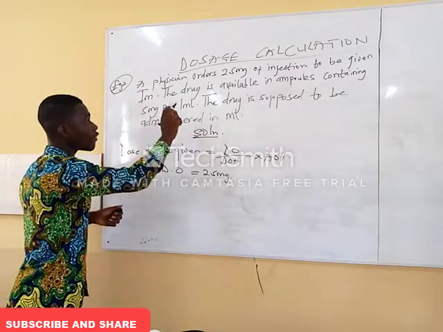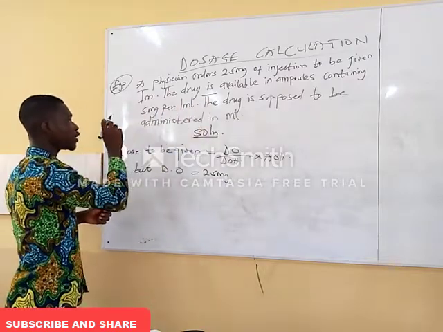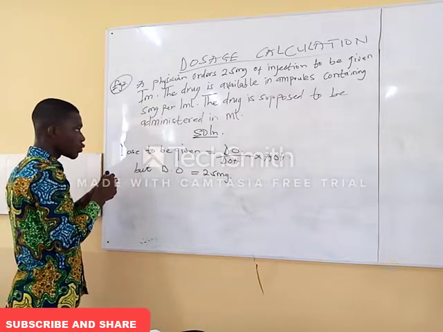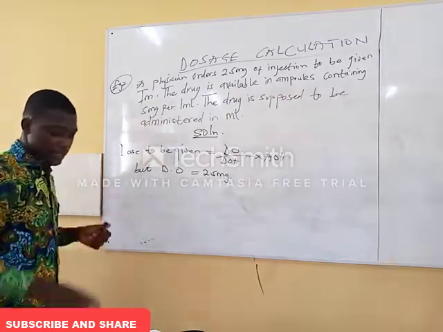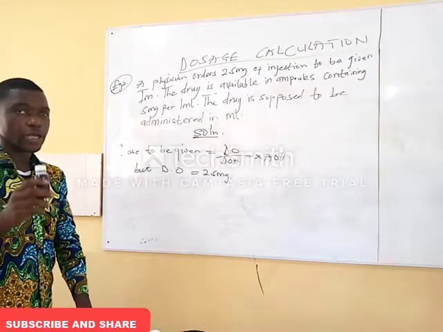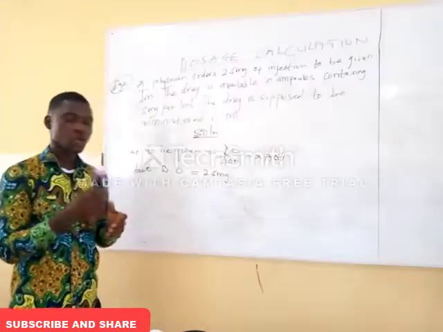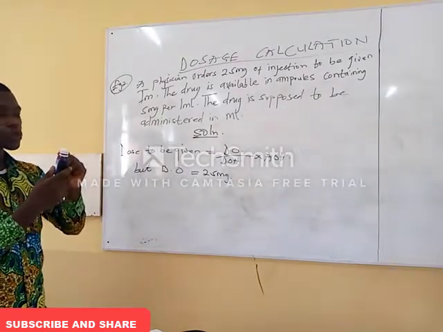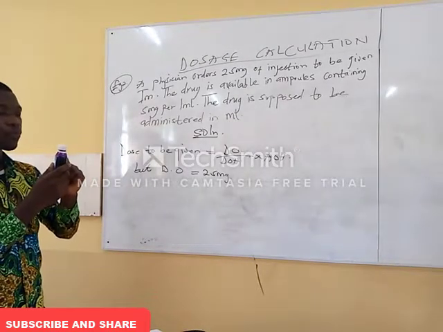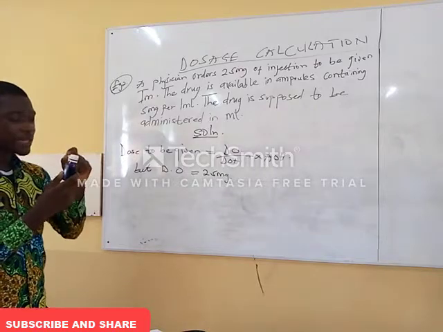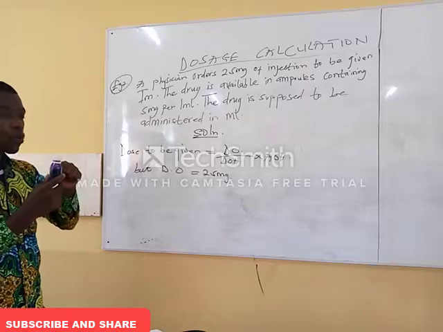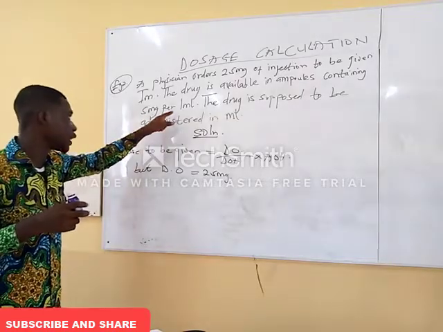The drug is available in ampoules containing 5 milligram per 1 ml. So if you take this ampoule, let's say it is written on the bottle 1 ml ampoule, but the quantity of this drug within this ampoule is 5 milligram.